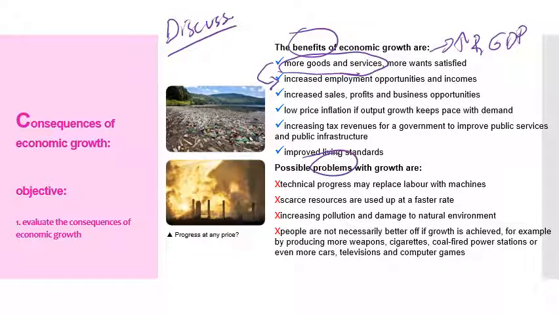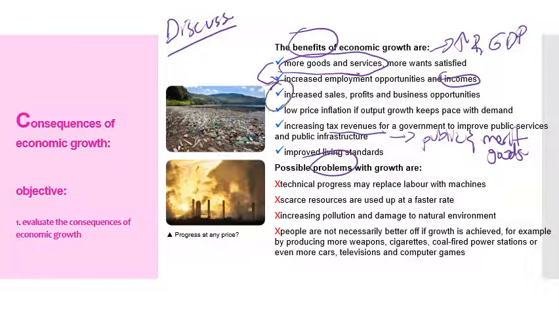So this will increase employment opportunities. And when we get an increase in employment, it means we will be having more incomes. And when we have more incomes, what will happen? The government could increase its tax revenues. So when the government has more money, it is capable of improving public services. And it is capable of providing us also with public and merit goods.